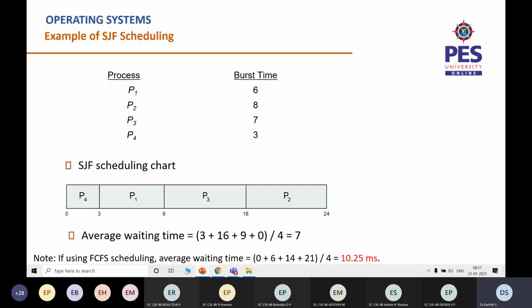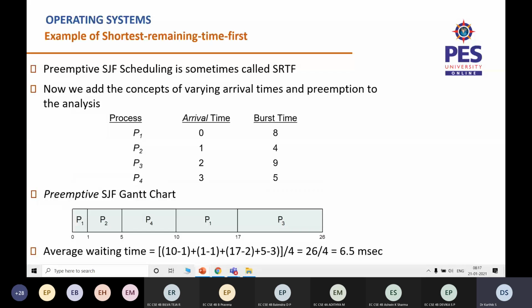Once we were done with it, we identified the preemptive model of that. We call it shortest remaining time first. Some people also call it preemptive SJF, but a better name is shortest remaining time first. Depending on arrival time, at every point some new process comes into the picture.